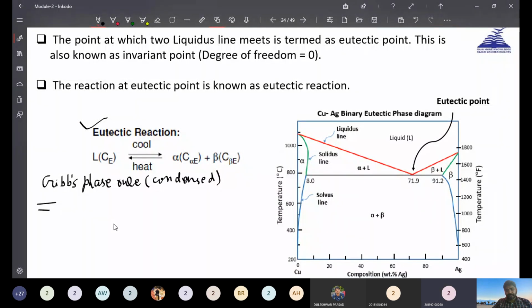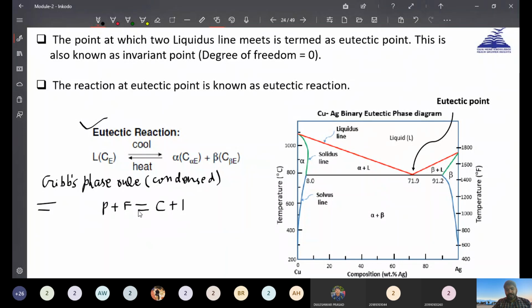So P plus F is equal to C plus 1. Correct. This is the formula for the Gibbs phase rule.